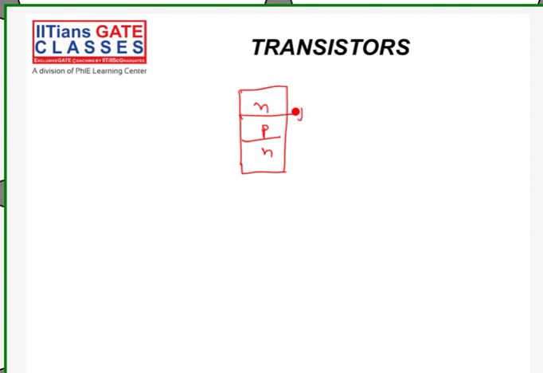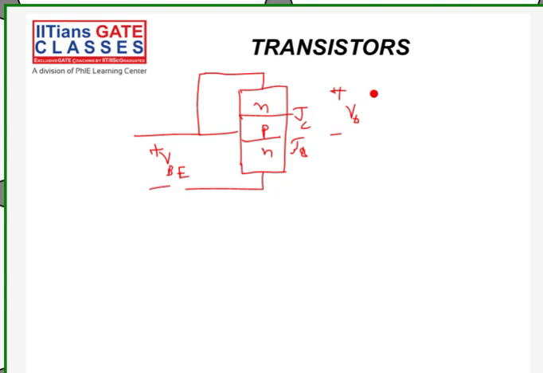So here JC, here JB, or this. And this output will be positive, this negative output.